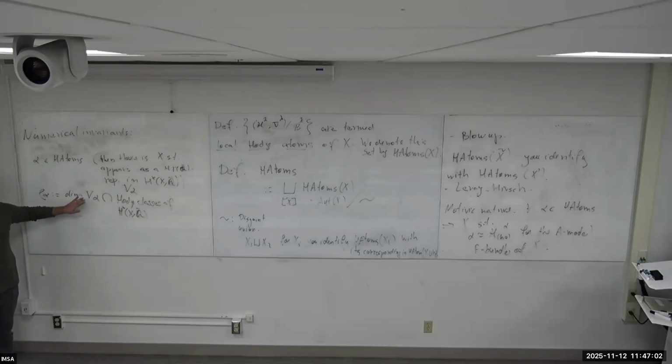Remember, this is a subspace of homology that is also a representation. What is the intersection? How many Hodge classes are in the subspace of homology? This is one of the invariants.